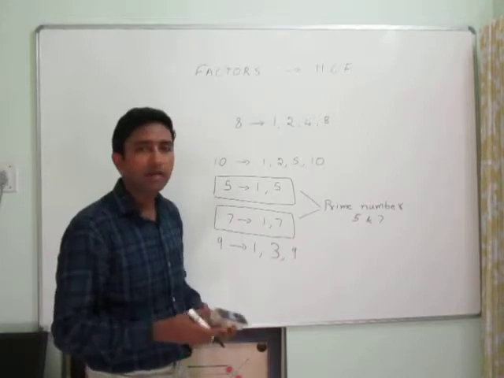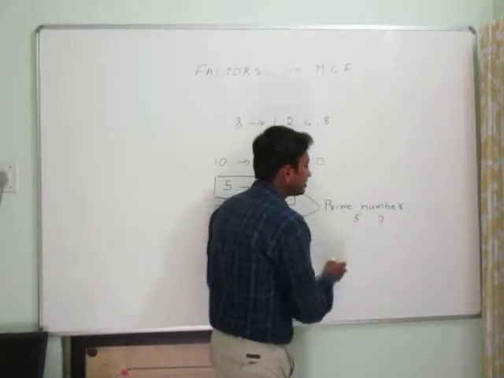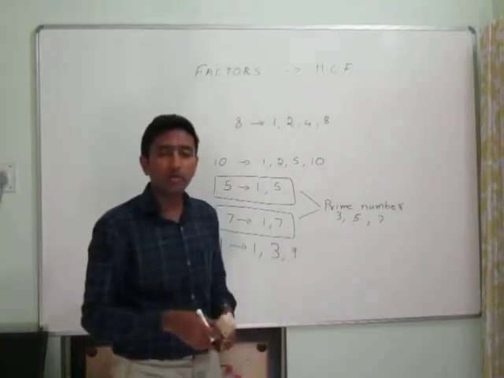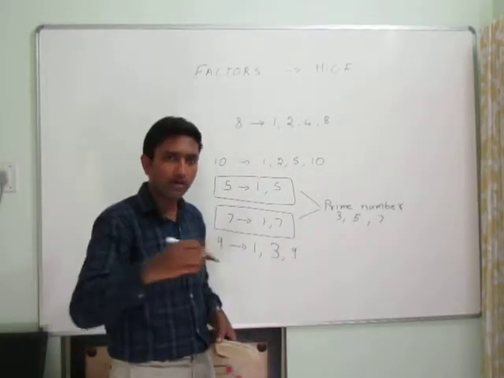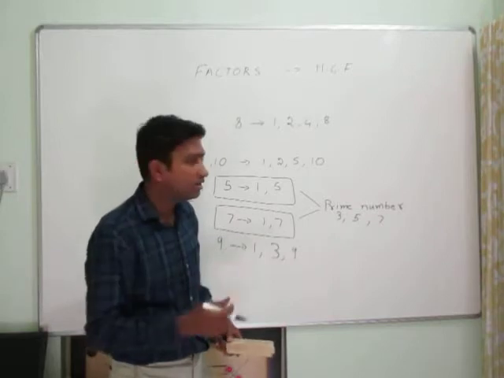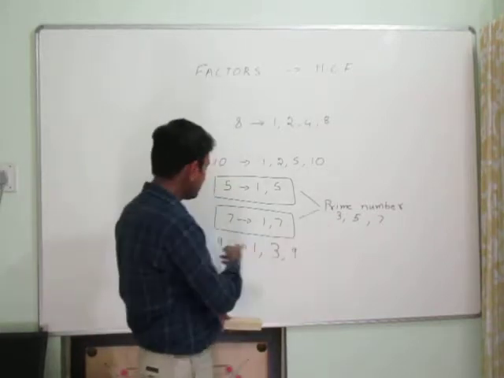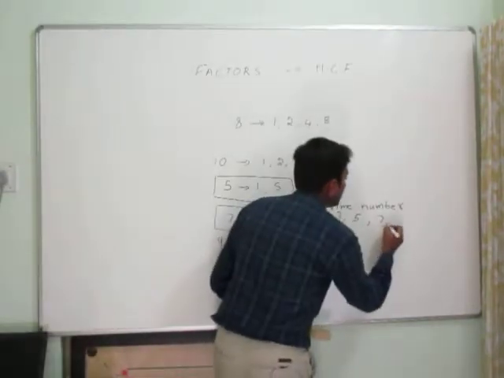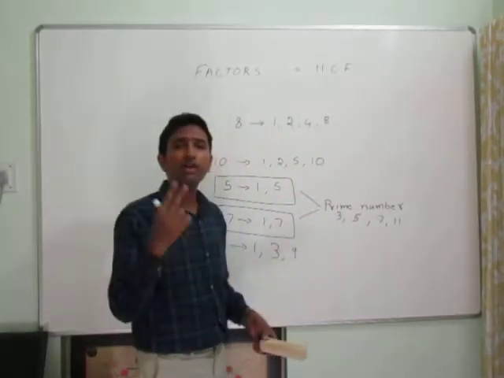Similarly, there are many prime numbers. If I consider 3, yes, 3 is also a prime number because it has only 2 factors. You can work it out and verify whether I am right or wrong. And then next, 9 is not a prime number. 10 is not. 11 is a prime number. Again, you can verify that 11 has only 2 factors.